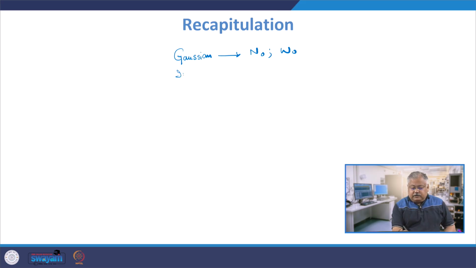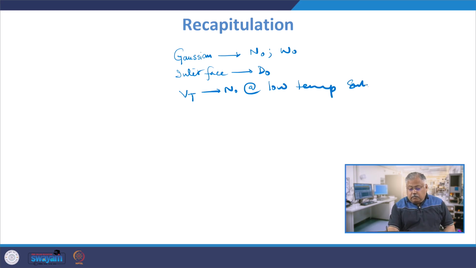We saw interface trap charges which are fixed in nature, characterized by D0, and we also saw that the variation of threshold voltage with N0 at low temperature is quite substantial, right, but at high temperature this variation vanishes, and that is one of the important points.